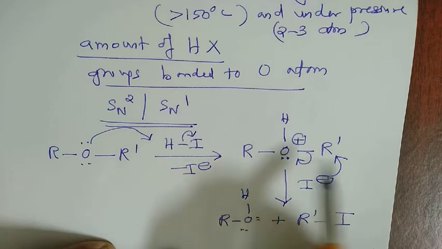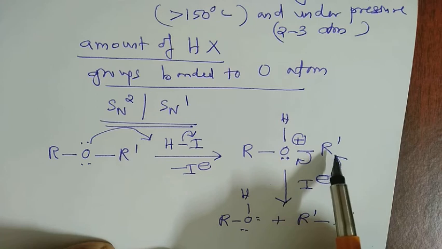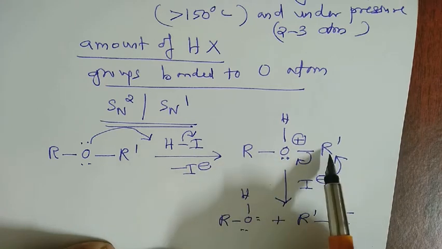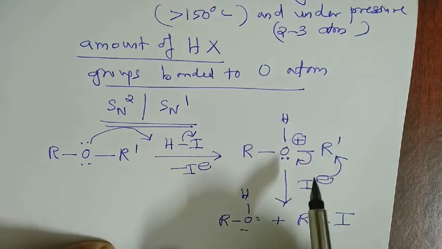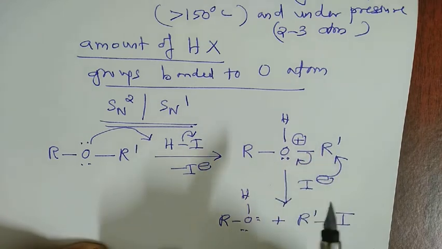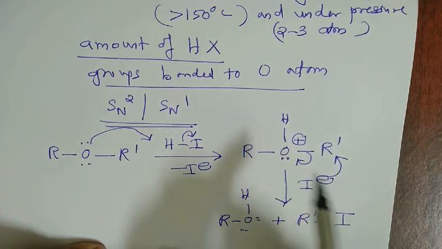If both R and R' are primary alkyl groups, or secondary alkyl groups, or a methyl group, the mechanism follows SN2. Iodide ion approaches the smallest alkyl group to form an alkyl iodide.